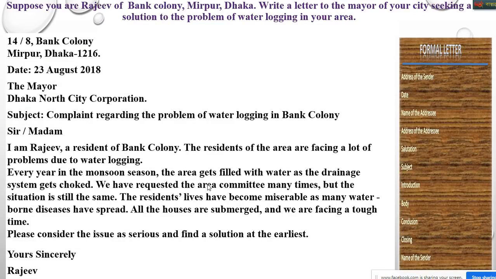Now see the example of a formal letter. Suppose you are Rajiv of Bank Colony, Mirpur, Dhaka. Write a letter to the mayor of the city corporation seeking a solution to the problem of water logging in your area.